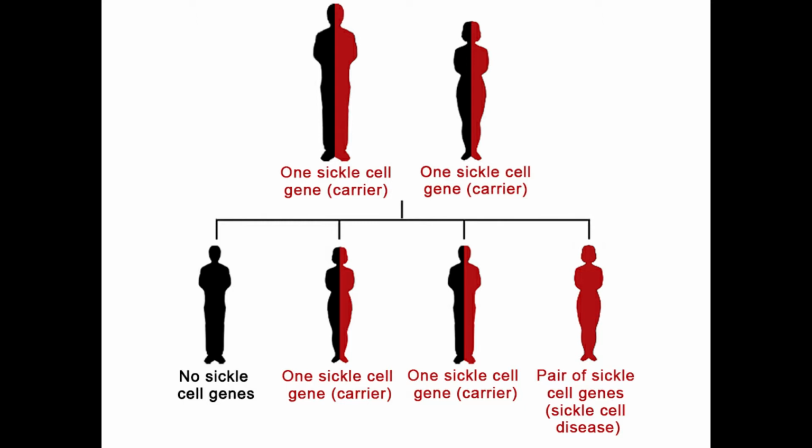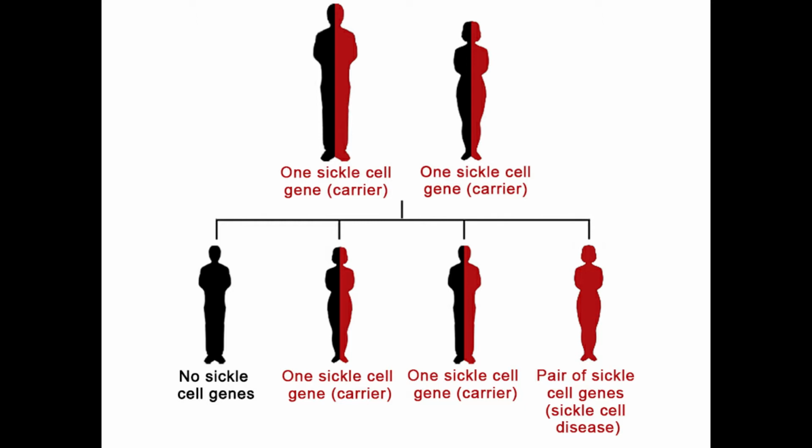Now let's focus on the diagram on the screen. The two individuals on the top of the diagram, they are carriers of the sickle cell gene. They are said to be heterozygous. The person in black, that person does not have sickle cell gene. So let's say that person has a normal A gene.